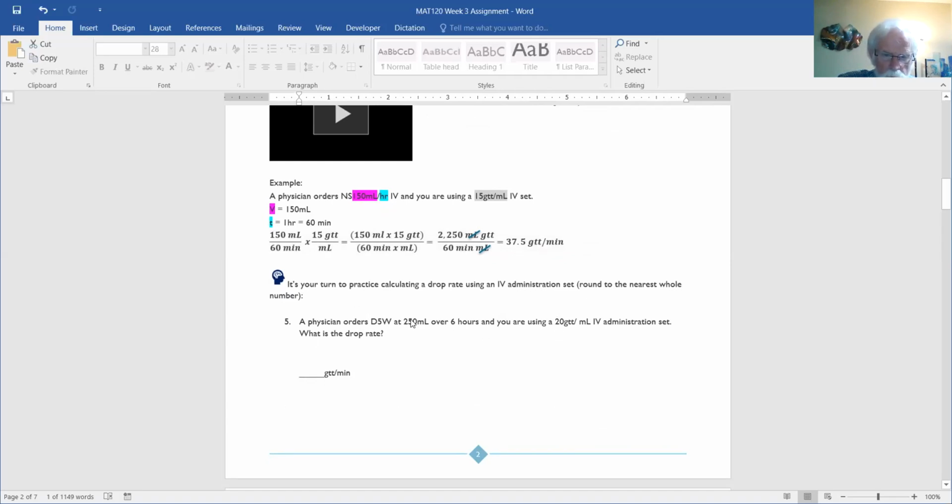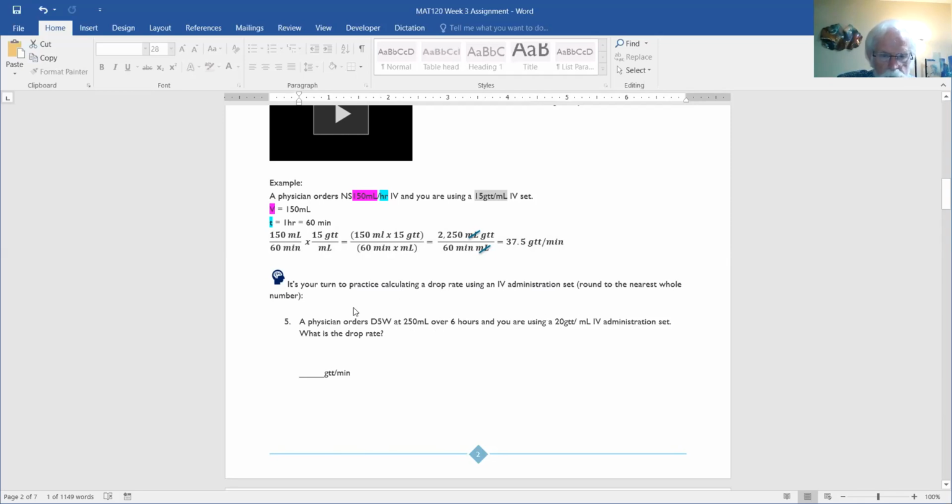Well, we need 250 milliliters, and 6 hours is 360 minutes. Make sure you do that calculation correctly. So this is going to be less than a milliliter a minute. I would have used a 60 drop microset, but nonetheless you follow their instructions here.